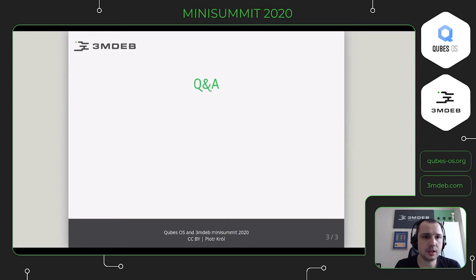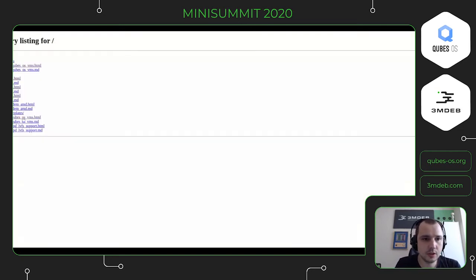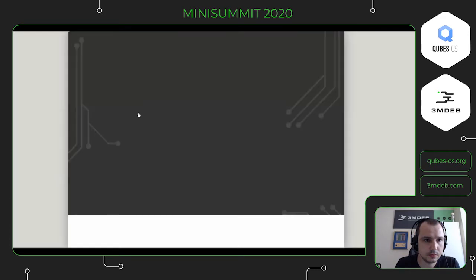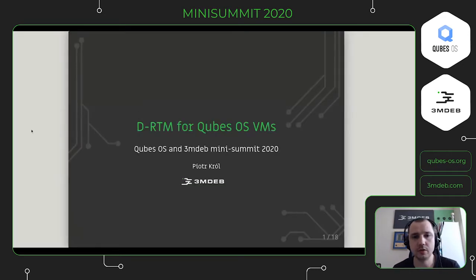Okay, so let's start with my presentation. D-RTM for Qubes OS VMs, or maybe this will be very general because it can also be applied to other projects.